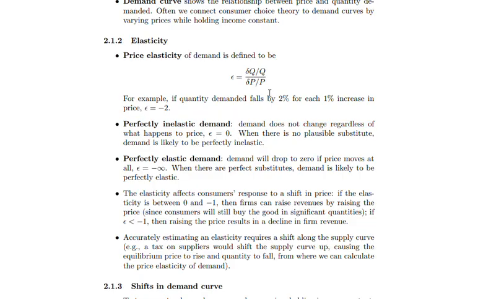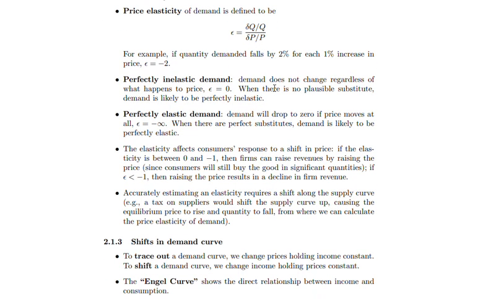Perfectly inelastic demand: the demand does not change regardless of what happens to the price. That means the demand curve is vertical. Whatever the price, the consumer is always willing to pay for the item. So epsilon is 0.